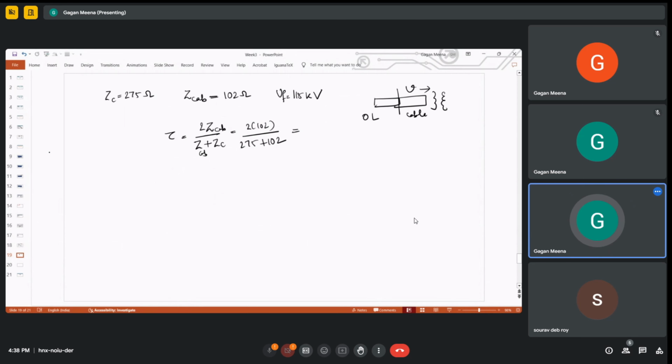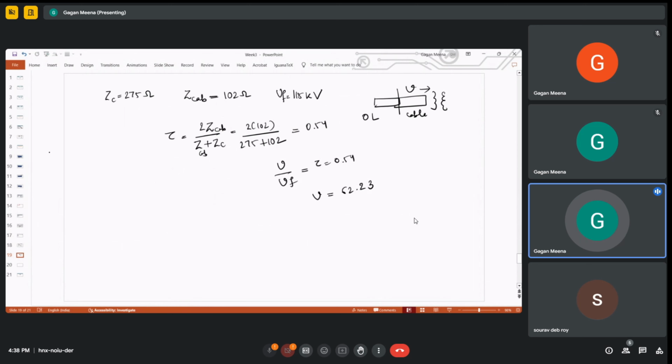This is around 0.54, and V divided by V forward is equal to tau, which is 0.54. So V will be 62.23. So answer C is correct.